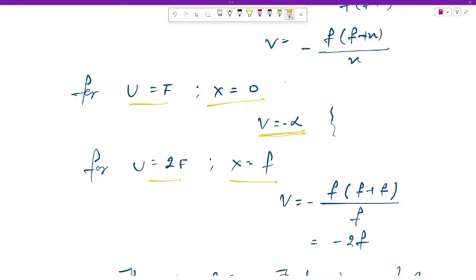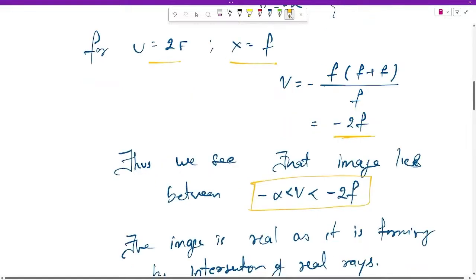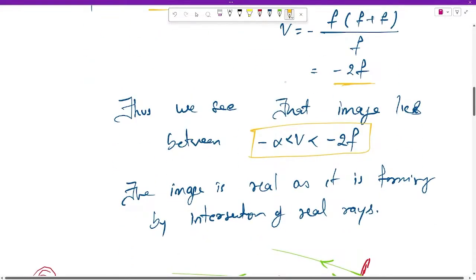Using the value of f in the place of x, we will get a value of minus of 2f. So in this expression, we see that the image lies between minus of infinity to minus of 2f. Thus, the image is real as it is forming by the real intersection of the rays. And in the question also, it was given that we have to prove that when the object is placed between f and 2f of the concave mirror, then it produces a real image beyond 2f, and the image is also beyond 2f.